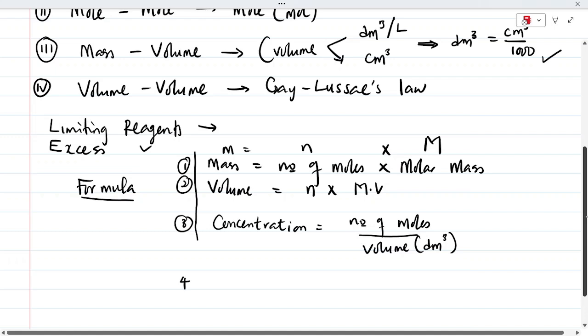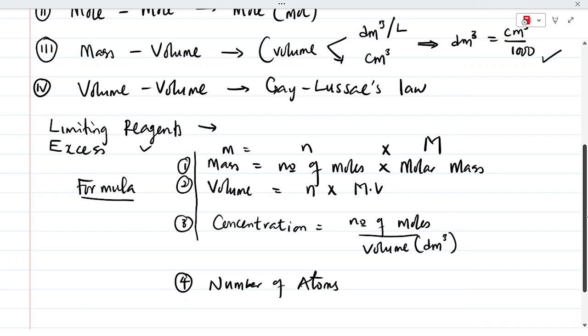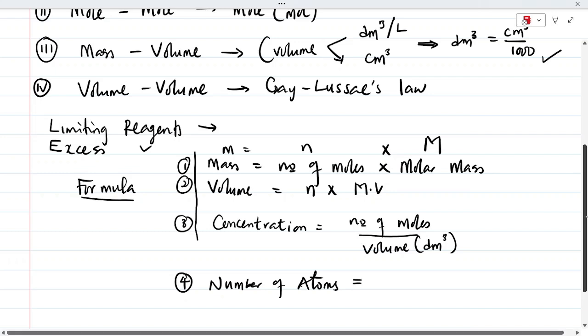Then at times, they can choose to play a trick on you and use the number of atoms. I will use atom in this case, but some can say ions, some can say molecules, and some can say entities. However, they are practically all the same thing. The number of atoms in 1 mole of any substance is always equivalent to Avogadro's number.